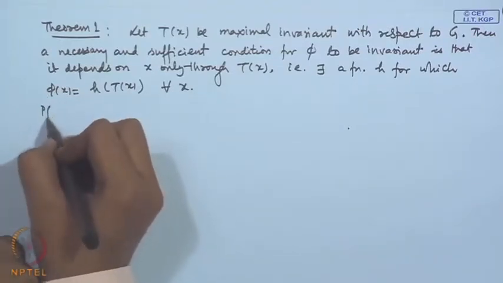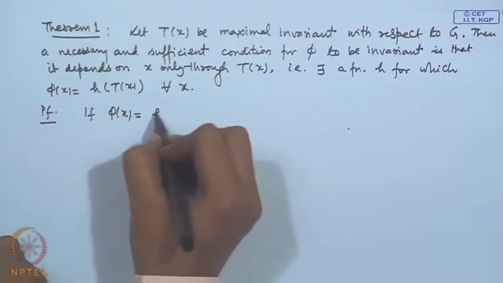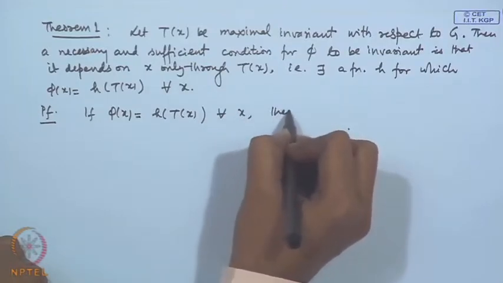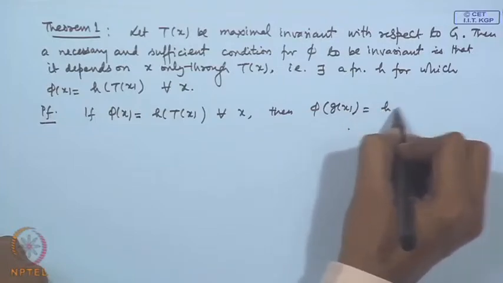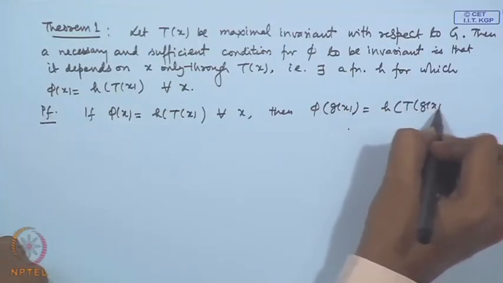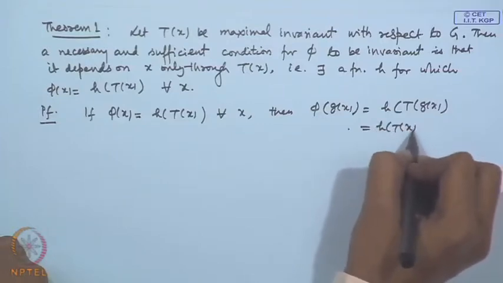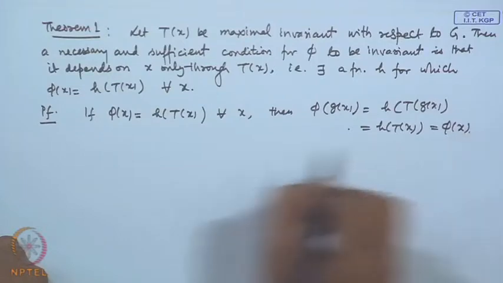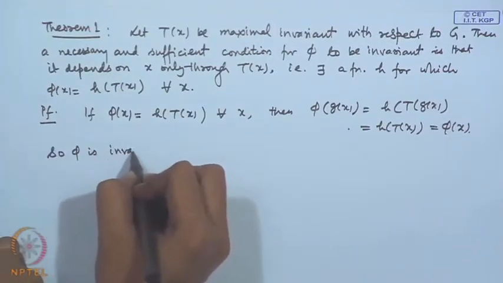Let me give a proof of this. If phi(x) is equal to h of T(x) for all x, then phi of g x is equal to h of T of g x, that is equal to h of T(x), because T is invariant, that is equal to phi of x. So phi is invariant.